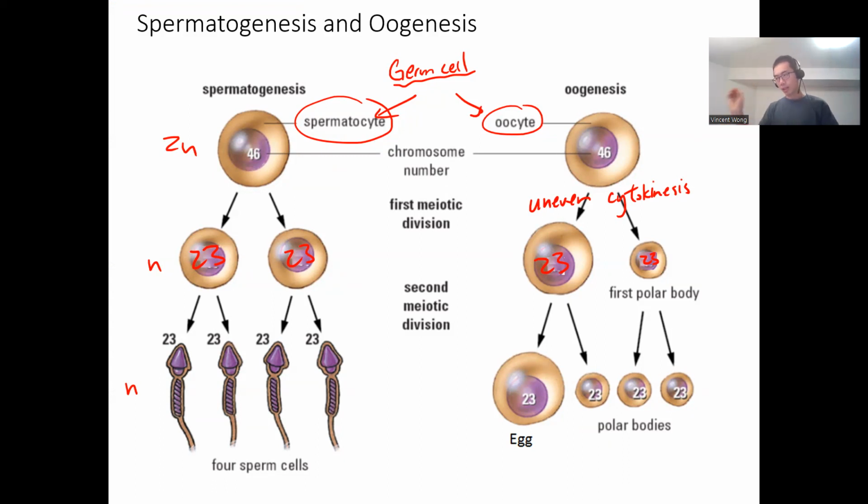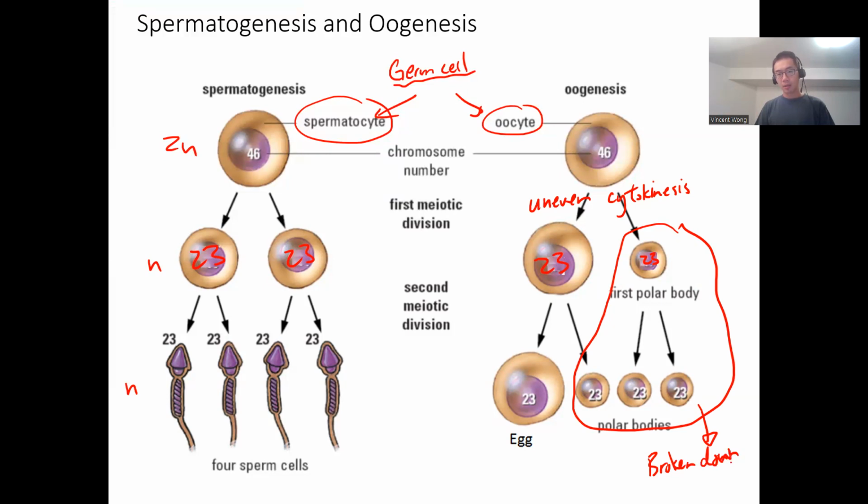The one that didn't get as much cytoplasm is called the polar body. The polar body is not going to become an egg. Sometimes the polar body will split again and make more polar bodies, but these are just going to be broken down or reabsorbed by the body. It's not going to be used basically.